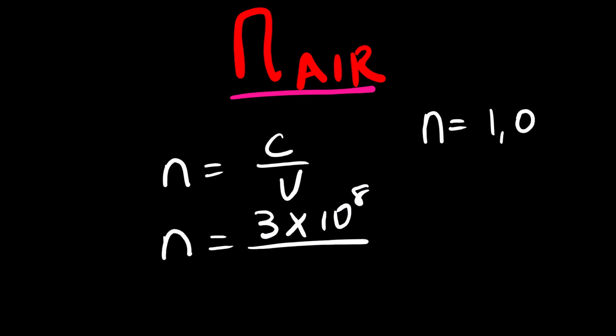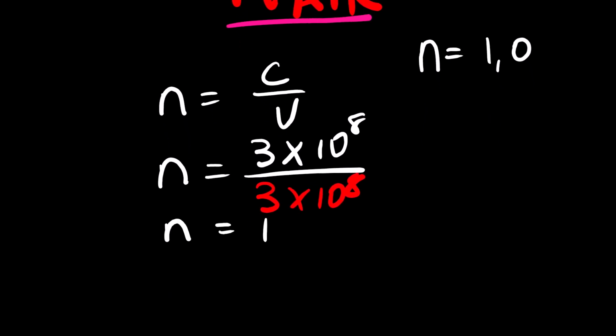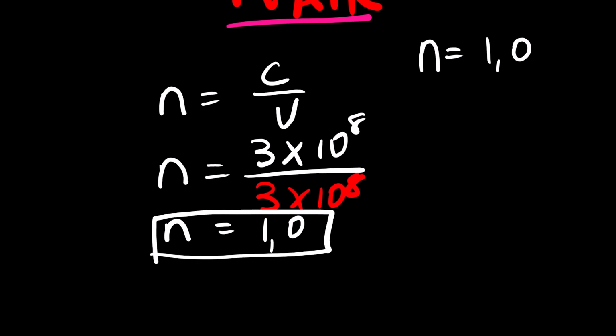Since we know that v represents the speed of light in the material, and c is the speed of light in the air, in this case our material is the air. So what is the speed of light in the air? It's still 3 times 10 to the power 8. Now what is 3 times 10 to the power 8 divided by 3 times 10 to the power 8? It's simply 1.0. That is why the refractive index of the air is 1.0.